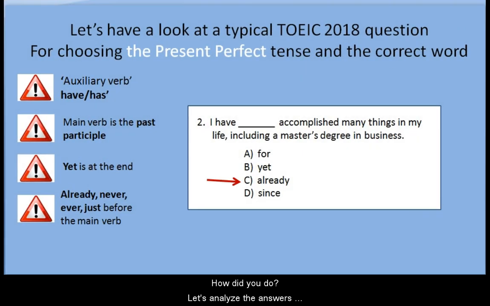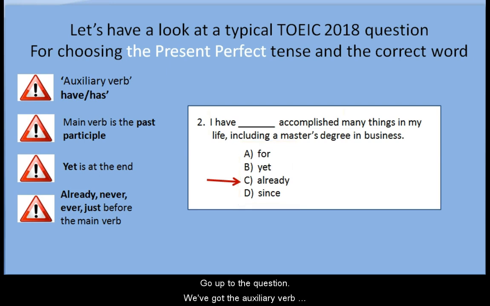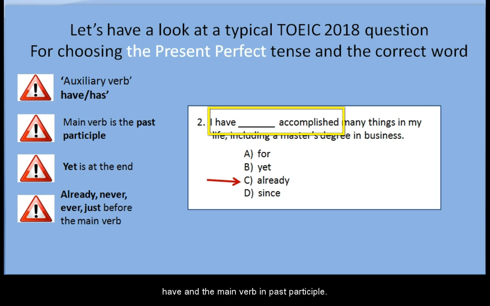How did you do? Let's analyze the answers first. These 4 words look like keywords for present perfect, don't they? Go up to the question. We've got the auxiliary verb have and the main verb in past participle. The gap is just before the main verb.